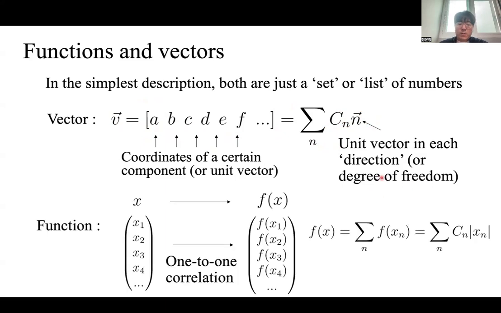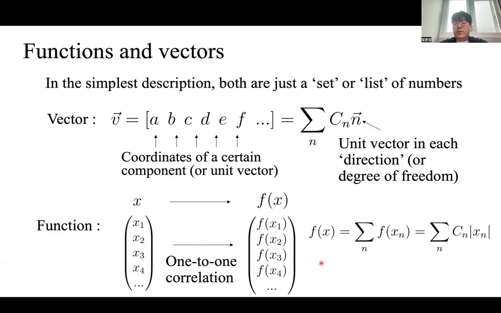or those degrees of freedom, right? A function, if you think about it, is really similar in the sense that a function is defined as a one-to-one correlation between 2 values. So x1 becomes f(x1), x2 becomes f(x2), and so on and so forth. And this rule is what a function is.